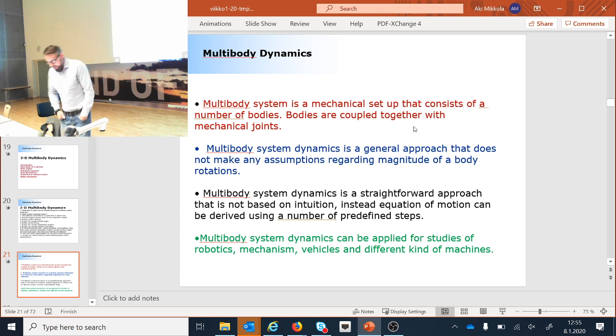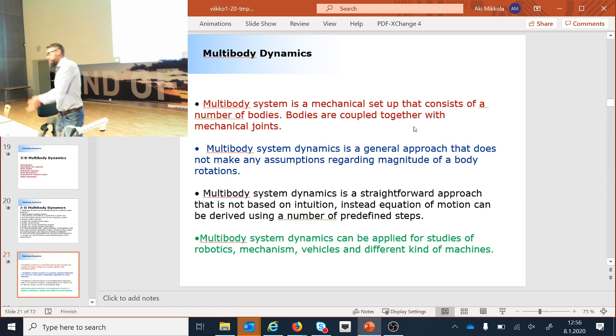All right, so in multibody dynamics, we don't make any assumption regarding the magnitude of rotation. This is very important to understand, because in multibody dynamics, the bodies can have large rotations. And if you have large rotations, then that automatically leads to the usage of trigonometric functions, cosine and sine.